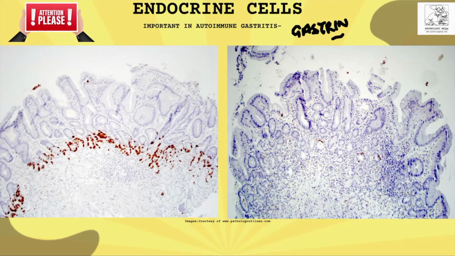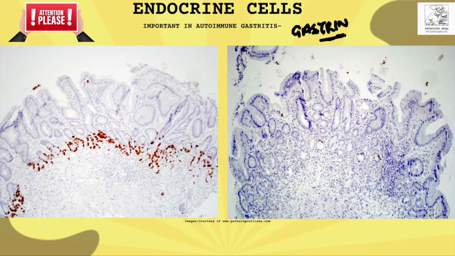There is a way to find out. How? By doing a gastrin immunostain. As I already mentioned, G cells which produce gastrin are concentrated in the antrum and not present in the body.